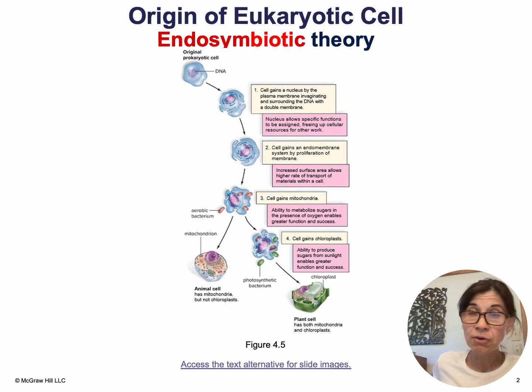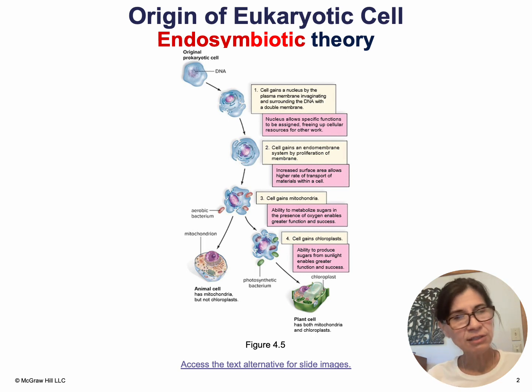Eukaryotic cells are also not as ancient as prokaryotic cells. If you recall, I said prokaryotic cells evolved first, and from there evolved eukaryotic cells. There is a theory of how eukaryotic cells came to be, referred to as the endosymbiotic theory. This explains how eukaryotic cells evolved. Recall that in biology, a theory is something that has been tested over and over, and we have large amounts of evidence to support.